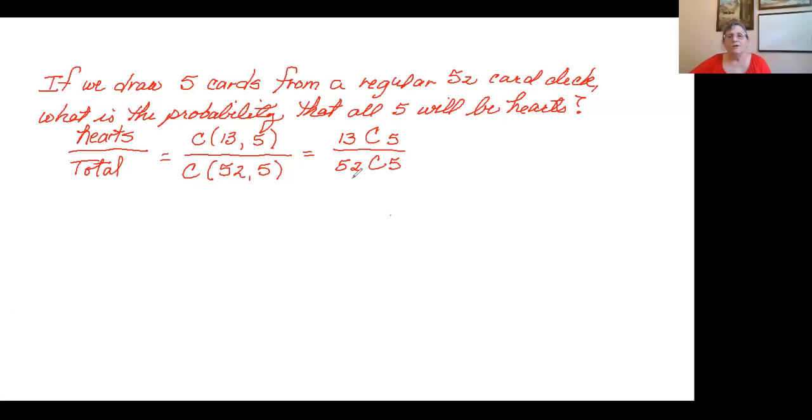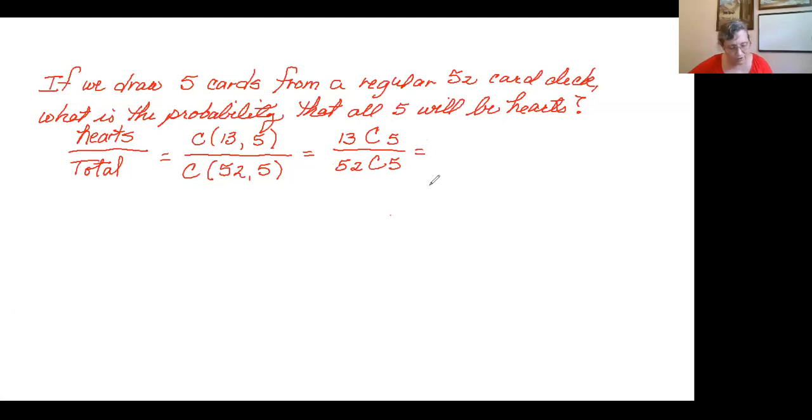The bottom number will be the total that you have to choose from. And the first number on the top is going to be the total that you can choose from that would satisfy what we're looking for. We're looking for hearts, so there's 13 hearts out of 52 cards. And in both cases, we're looking at how many we're going to get if we choose 5.